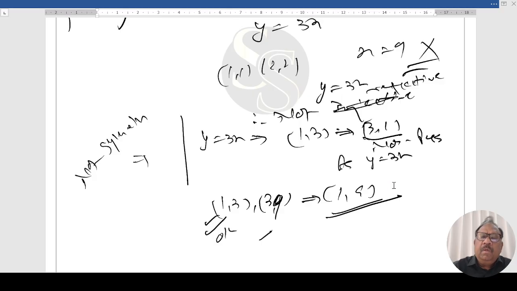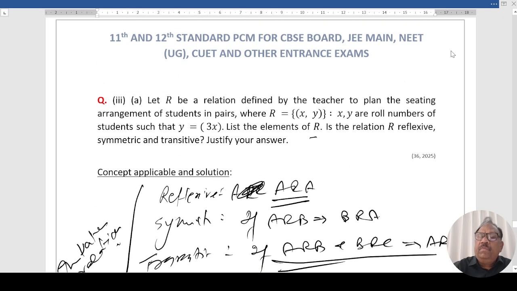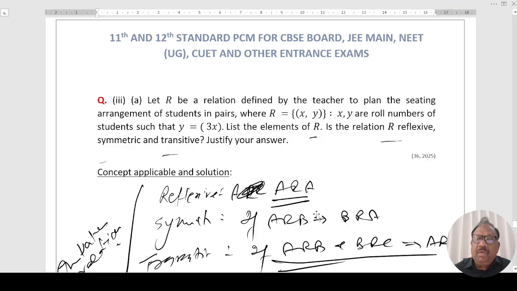If aRb and bRc, then aRc. This is satisfied for (1, 3) and (3, 9), but (1, 9) is not in the relation. Therefore, not transitive. The given relation is neither reflexive, nor symmetric, nor transitive. Right? Next part.